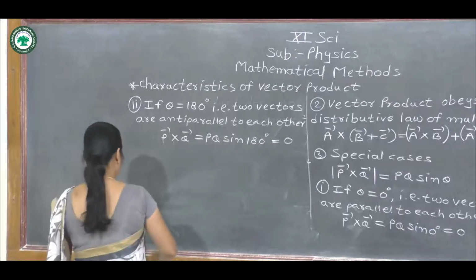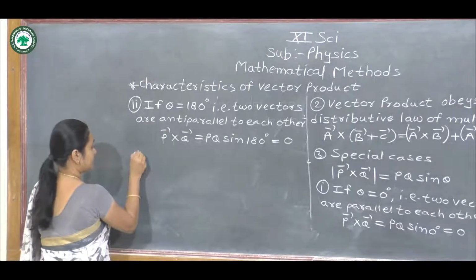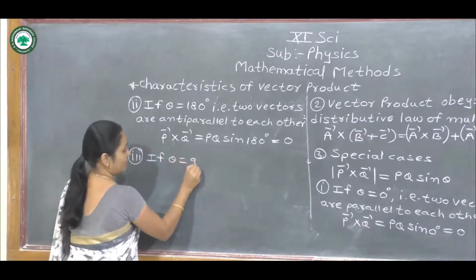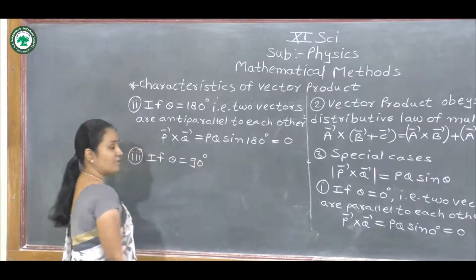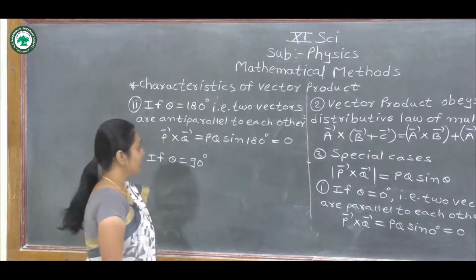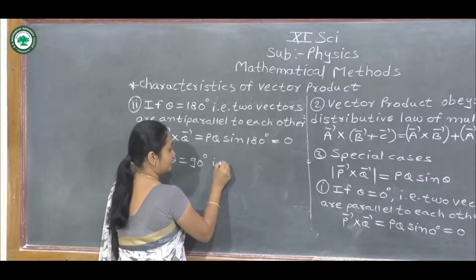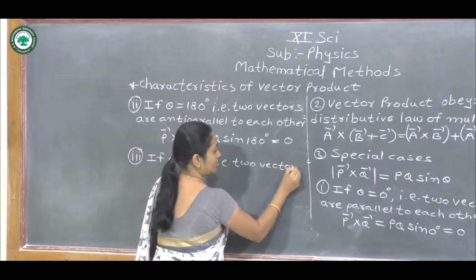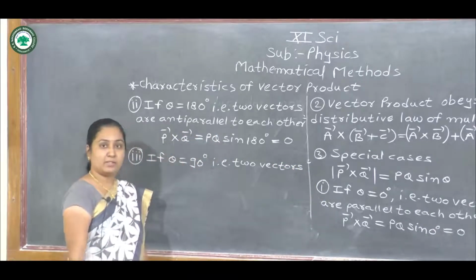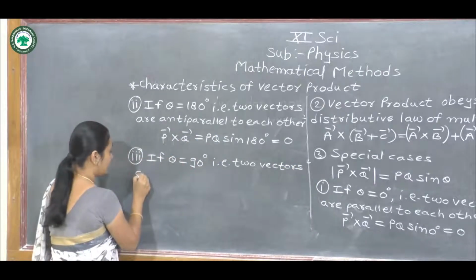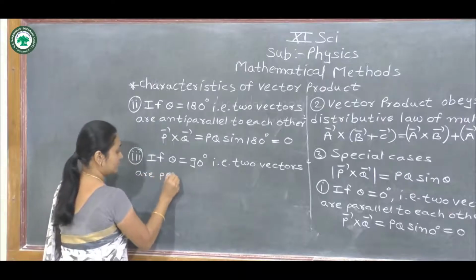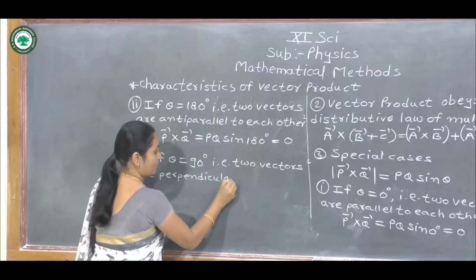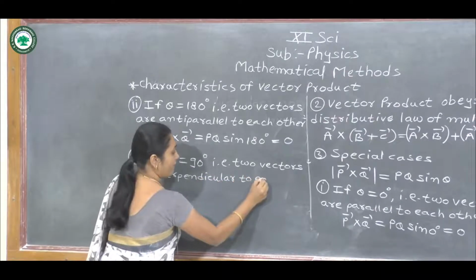Similarly, in the third special case, if theta is equal to 90 degree, that is, two vectors are perpendicular to each other.